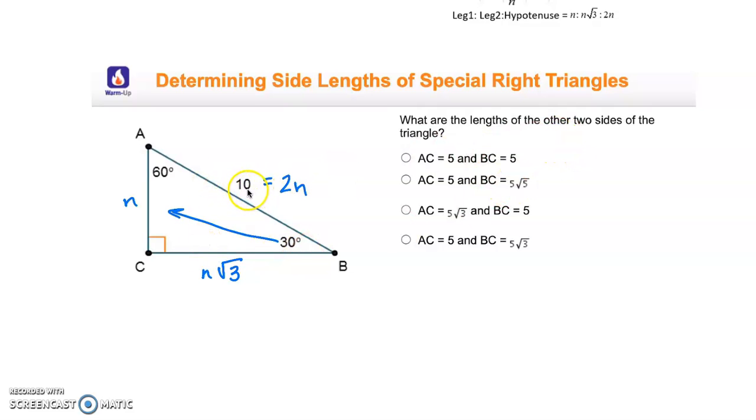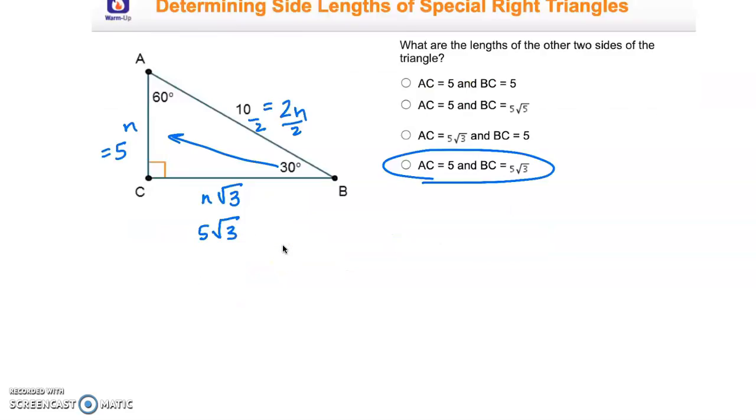If 10 equals 2n, then dividing by 2, n is going to be equal to 5. So our shorter leg is 5, and n radical 3 is 5 radical 3. So AC is equal to 5, and BC is equal to 5 radical 3. Because this is a 30-60-90 triangle, if we know one side length, we can find the other two.